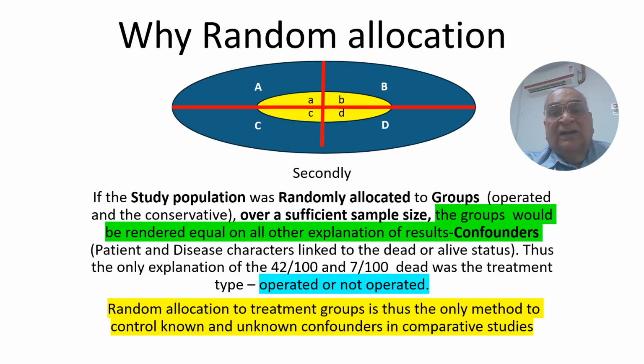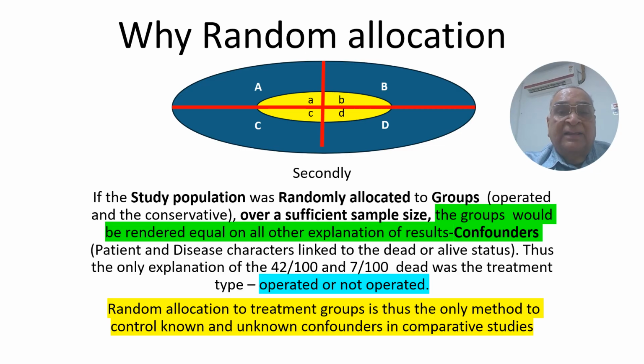So treatment is one explanation, but there may be other explanations like age, like comorbidity. So all patient and disease characteristics linked to the dead or alive status of patients, which we call confounders, would be equally distributed in the two groups by random allocation, and therefore they will be unable to affect the dead alive status of the patient.